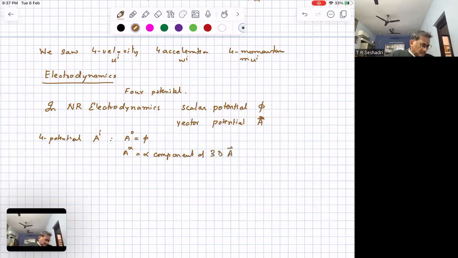Okay, so this is called the four potential. I'll just mention this, and there is a whole set of interesting things about the four potential. Okay, so this is there. Then I will talk about gauge invariance.